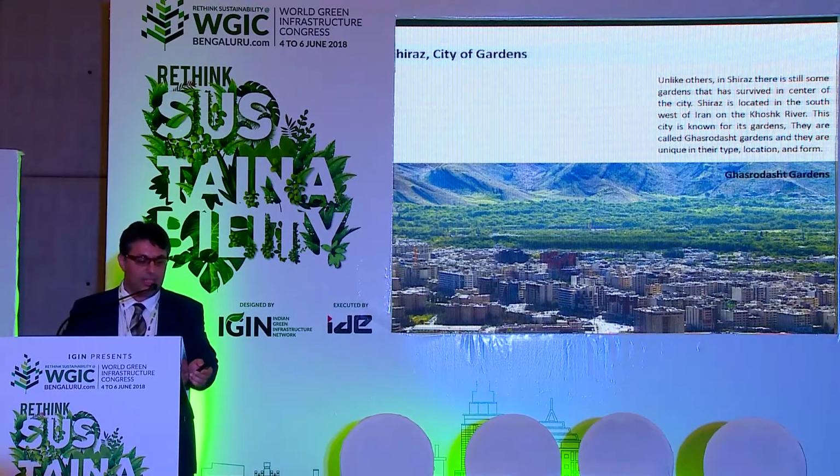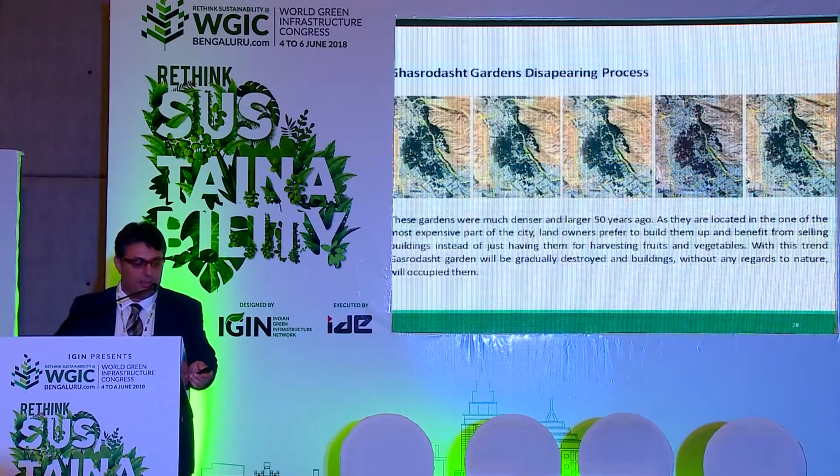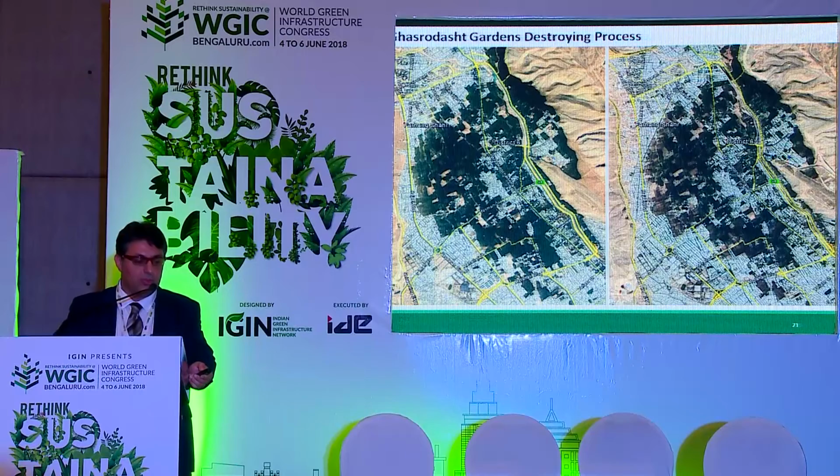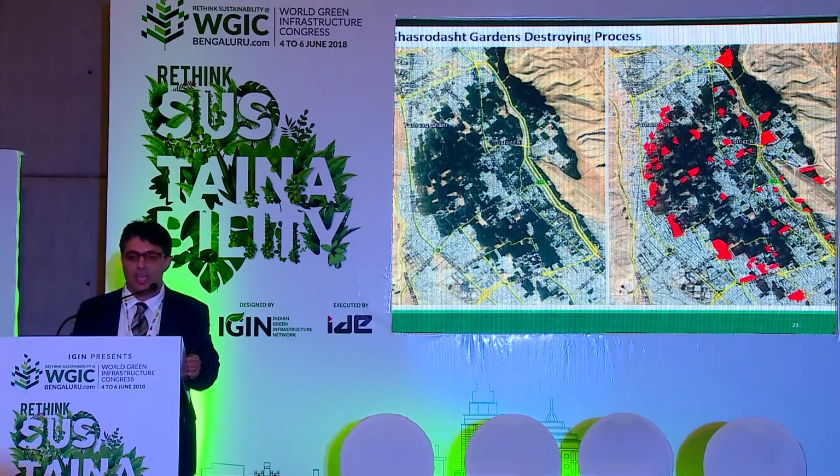So look at that one. It's continuous, and right now, after years and years, you can see that most of them have vanished, all disappearing. This is the thing that we have all around the world. Unfortunately, with city development, the city is starting to develop the new built environment and everything is disappearing, destroying the gardens all around the world.